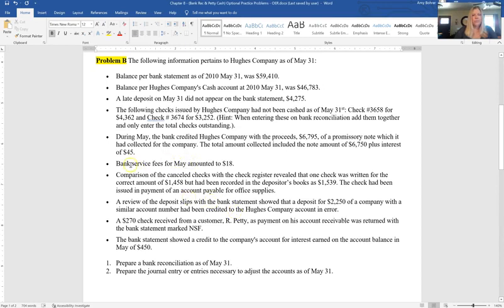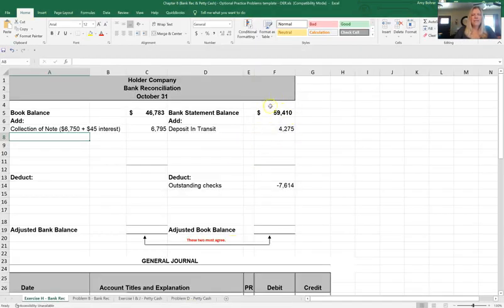The next thing we have to worry about is bank service fees. Bank service fees showed up on the bank statement for $18. The bank automatically deducts that from your account, whatever their service fees are. But we didn't know how much that was until we received the bank statement. So that $18 has already been deducted from our bank balance, but until we got the bank statement, we didn't know how much it was.